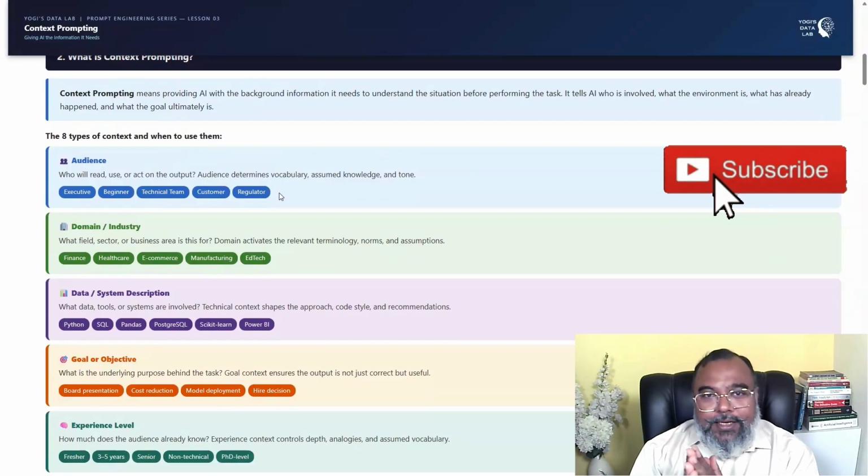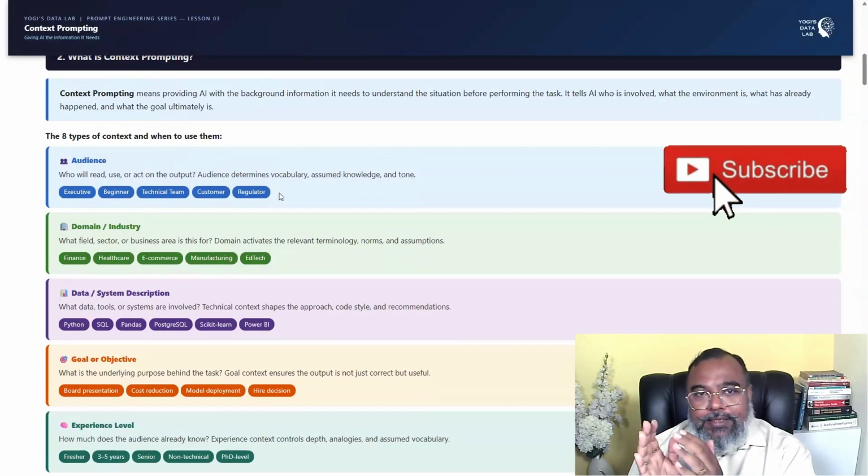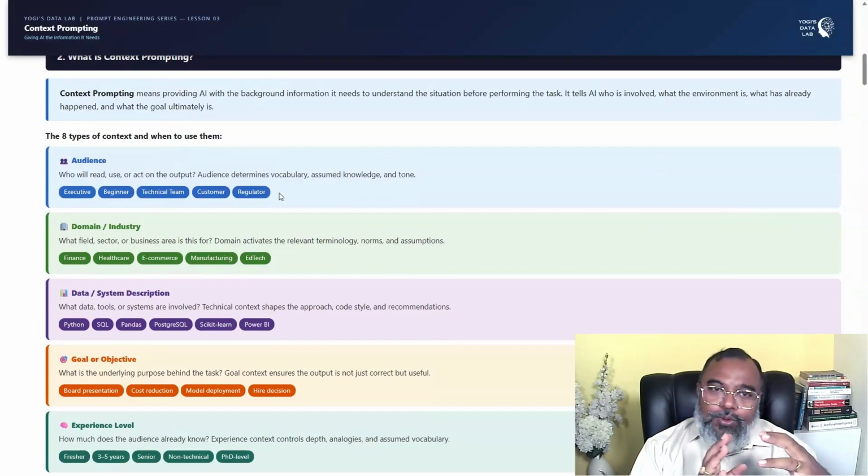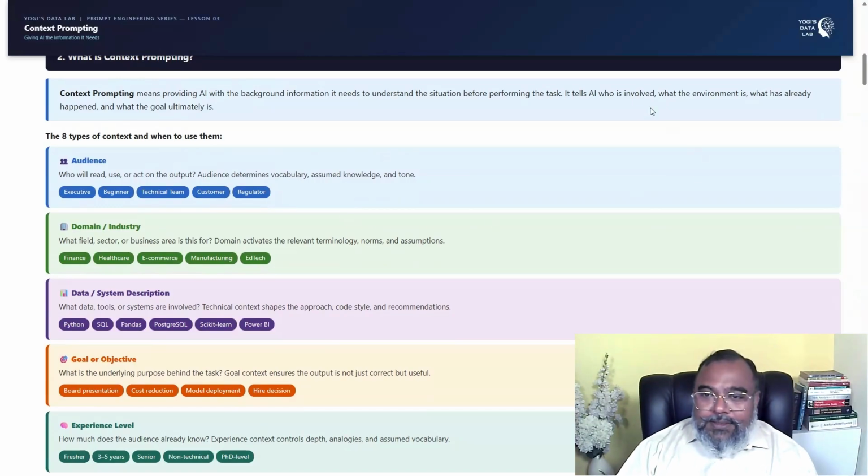What is the context that I require? It needs to understand the context, it needs to use the role, and then it's just supposed to do the task. So it tells AI who is involved, what the environment is, and what has already happened, and what the goal ultimately is. So that is what is context prompting.